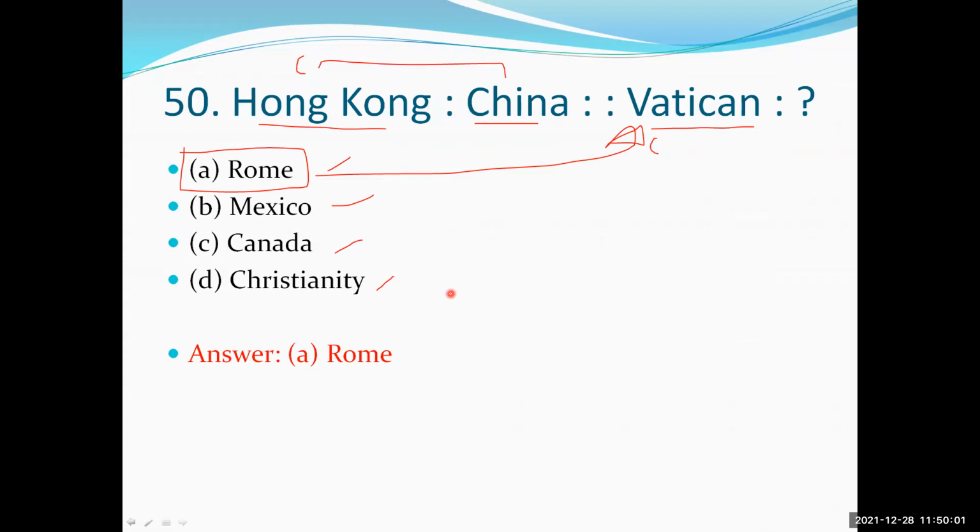Then roll number 4, 5, 6, 10, roll number 12, 14, 18, roll number 20, 21, 22, 24, 26, 28, 29, 31, 37, 39, 40.